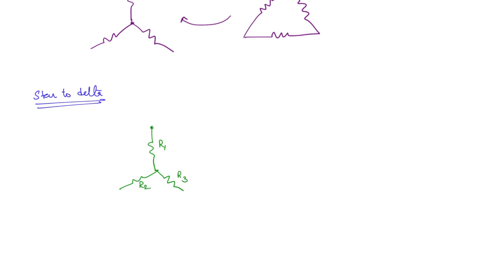These terminals we will mark as A, B and C. Now we want to get a delta connection like this, across the same terminals. We will just draw it a little separately, just for the sake of clarity. So now this point is A, this point is B and this point is C.